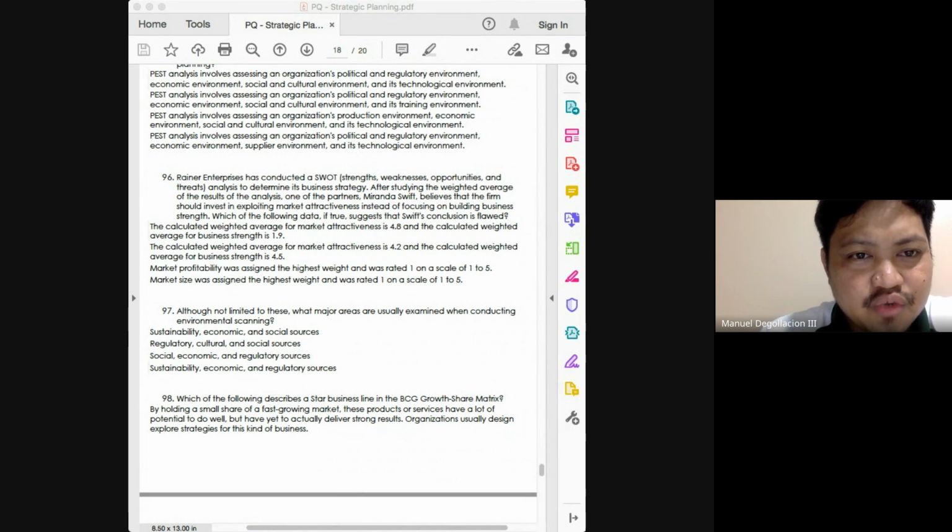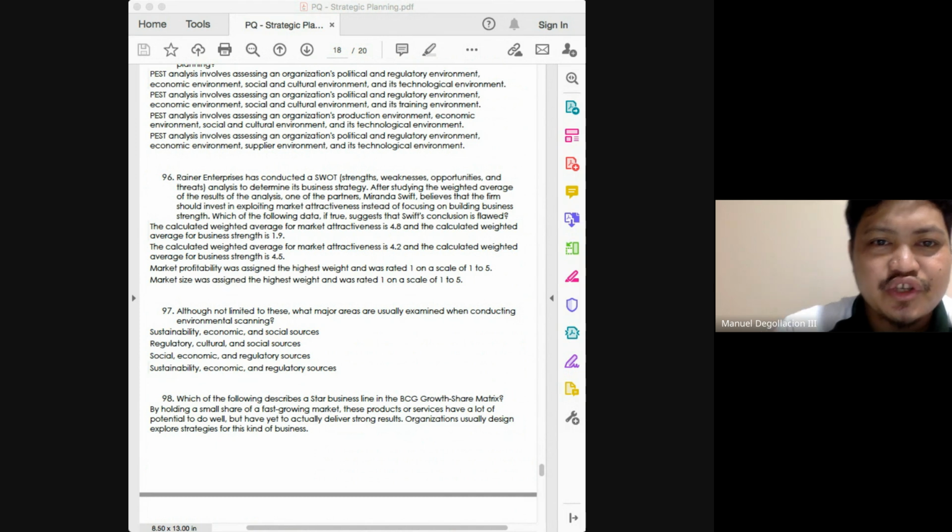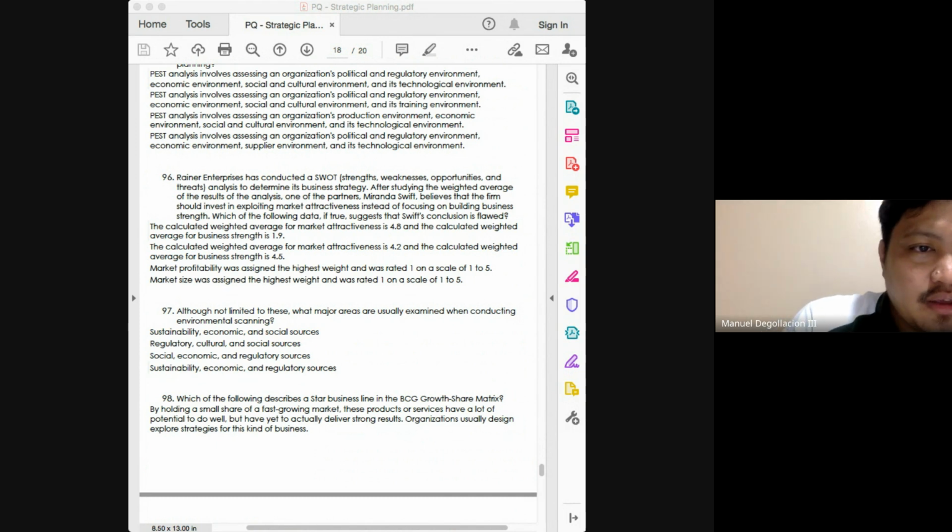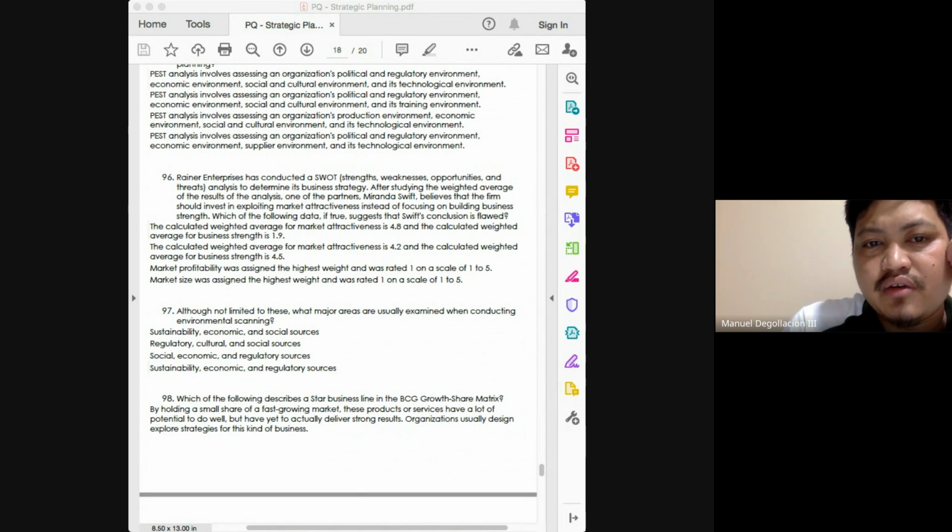The second choice would actually help or support the position of Miranda Swift. Market profitability was assigned the highest weight and was rated 1 on a scale of 1 to 5. If that was the case, then market profitability should be focused on. Market size was assigned the highest weight; if that was the case, market size would be the focus.